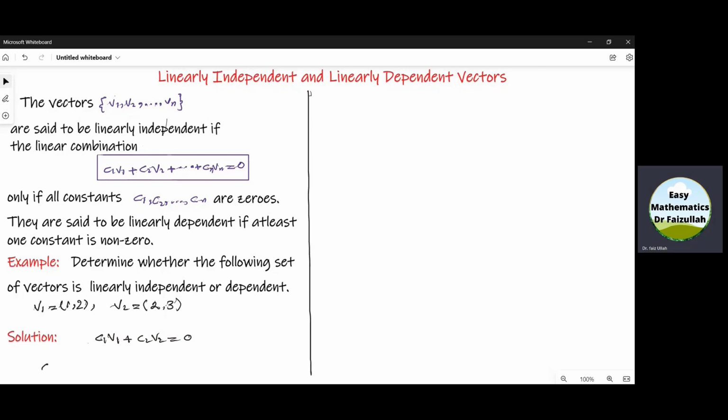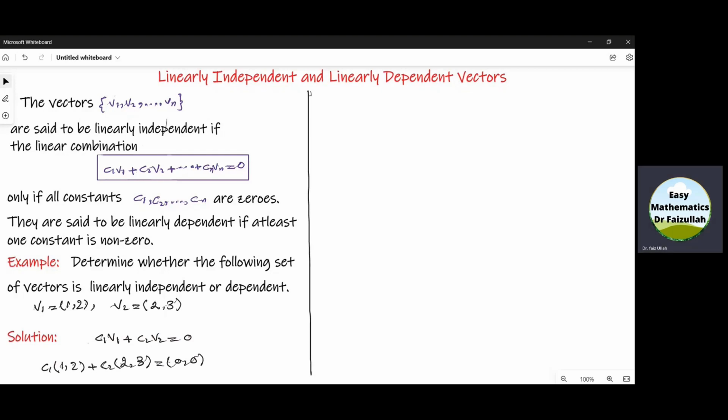Let us put the values of V1, which is (1, 2), plus C2, putting the value of V2, we get (2, 3), which is equal to a zero vector (0, 0).